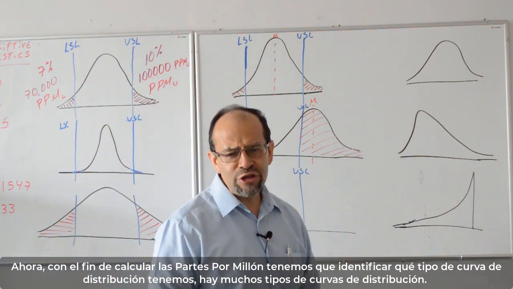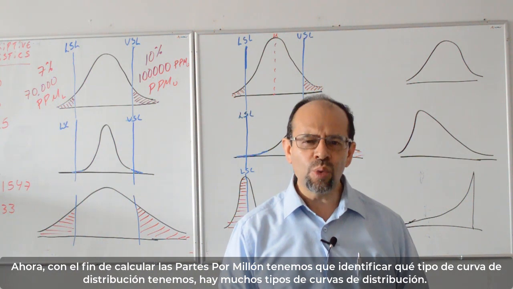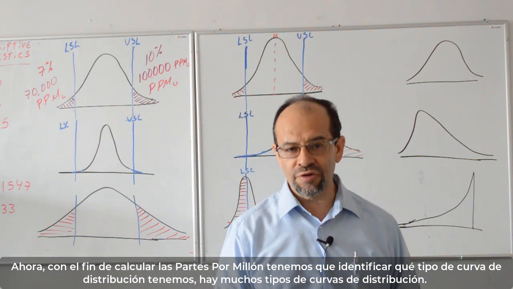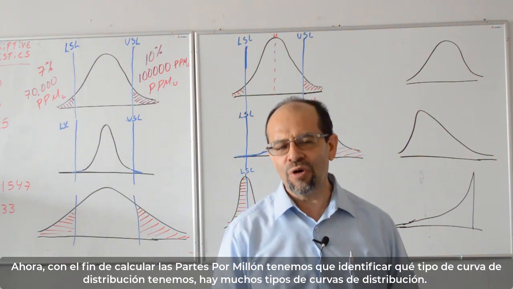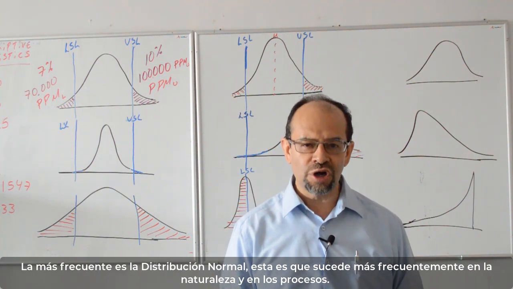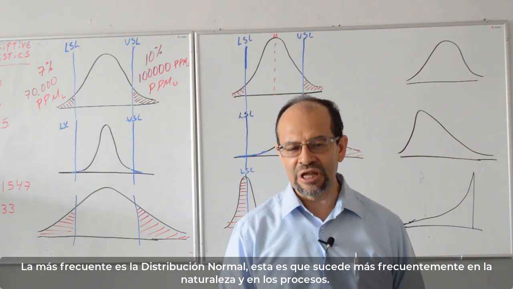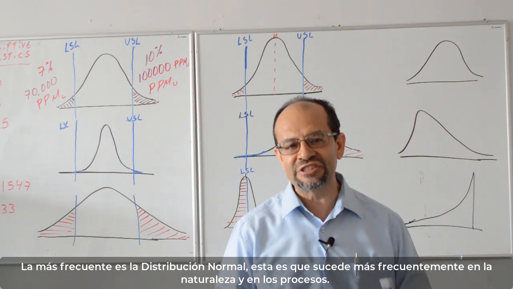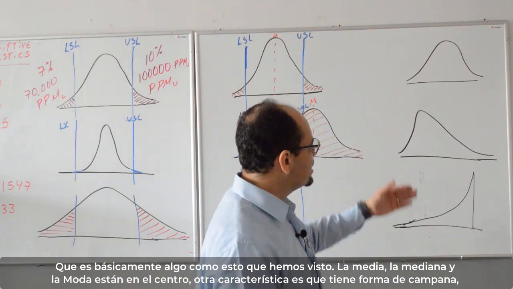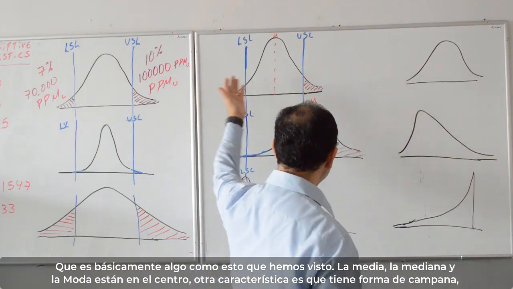Now, in order to calculate the parts per million, we have to identify what type of distribution curve we have. There are many types of distribution curves. The most frequent is the normal distribution. That is the most frequent in nature and in processes, which is basically something like this one that we have seen.